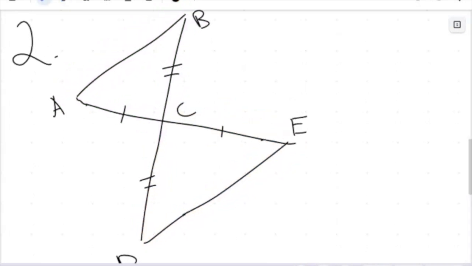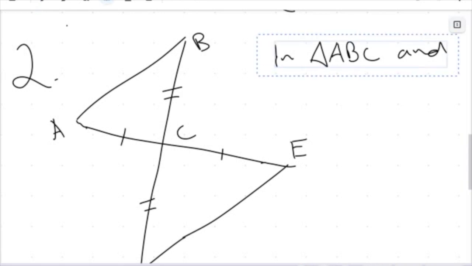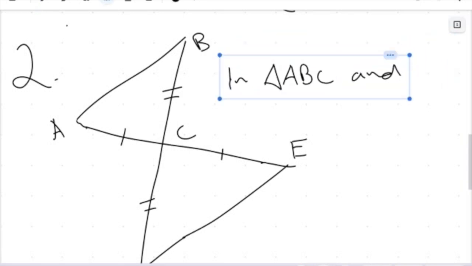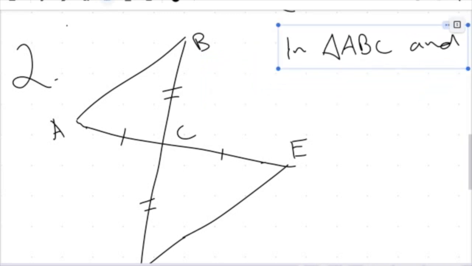So I'm going to first introduce my key players, my two triangles here. So I'm going to say in triangle ABC and triangle EDC. And remember, I want the corresponding sides here.